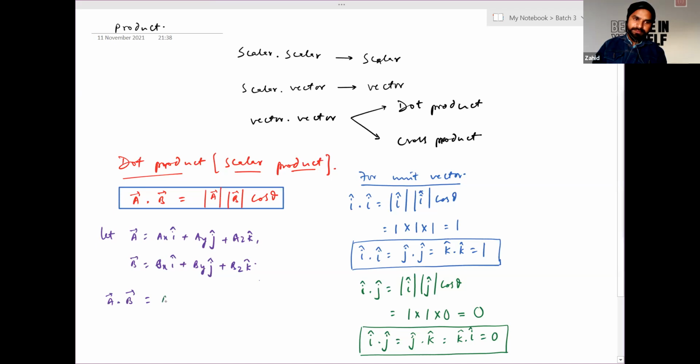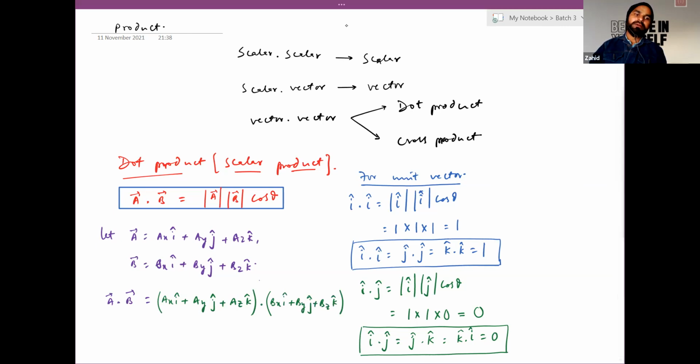Or I'm defining you the components of the first vector, Ax I cap, Ay j cap, Az k cap, which are multiplying with the components of the second, that is Bx I cap, By j cap, and Bz k cap.